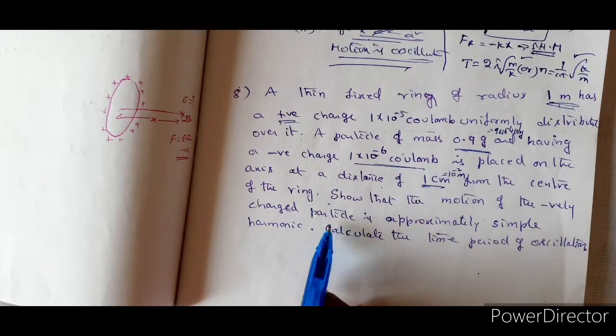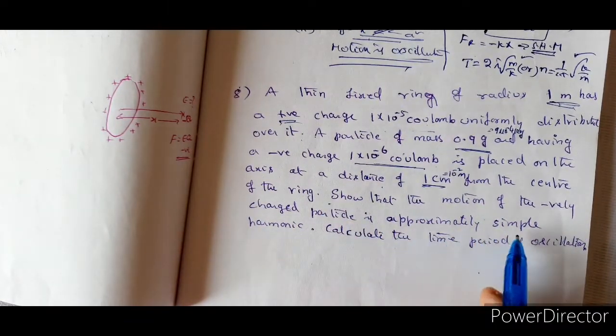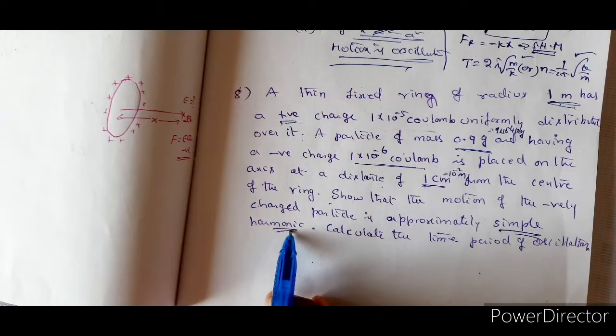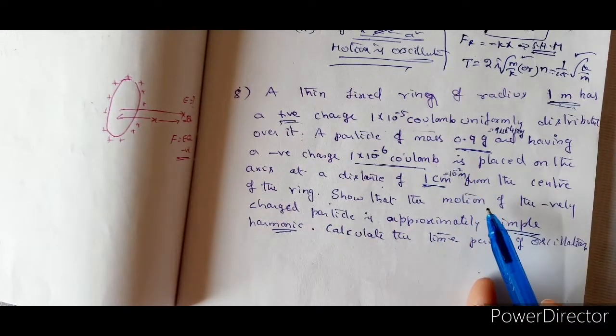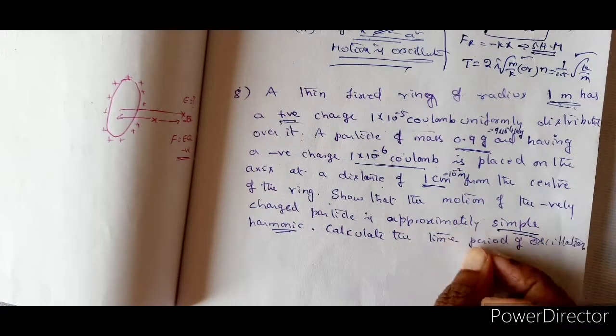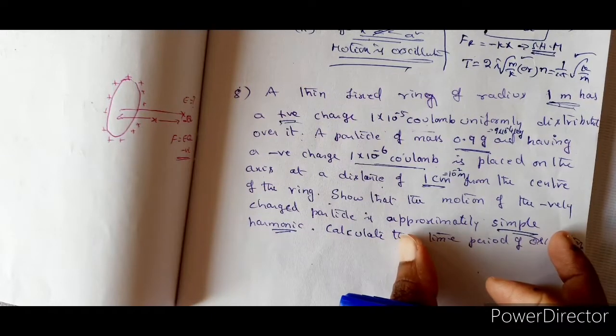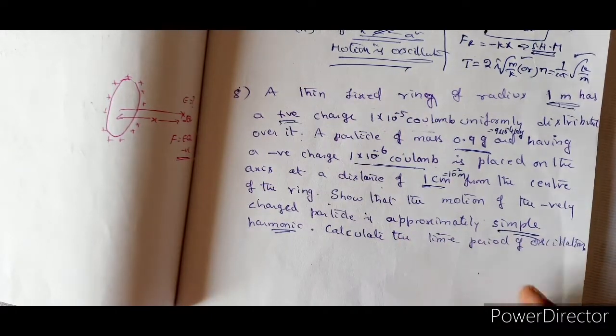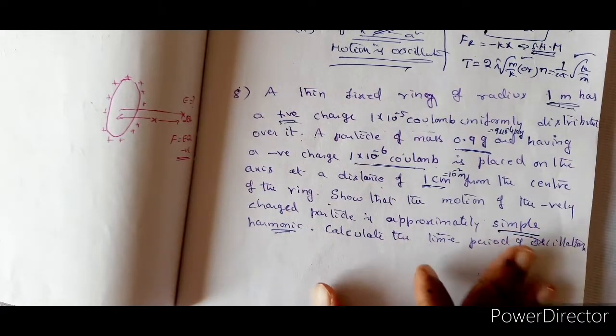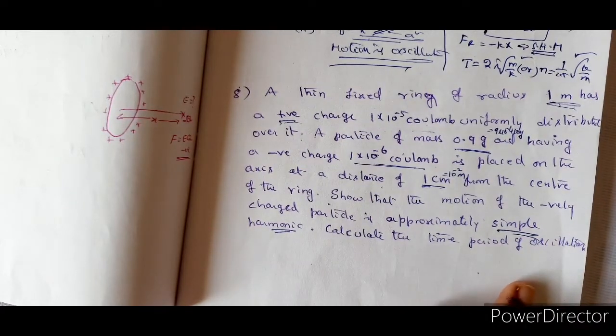Show that the motion of the negatively charged particle is approximately simple harmonic. That means the case we will take is that the distance of separation is much less than the radius of the ring. Calculate the time period of oscillation.